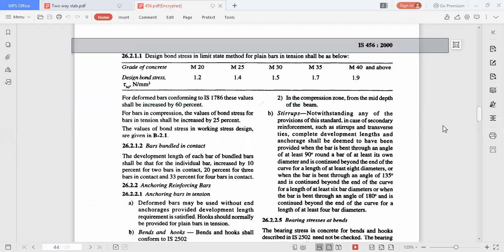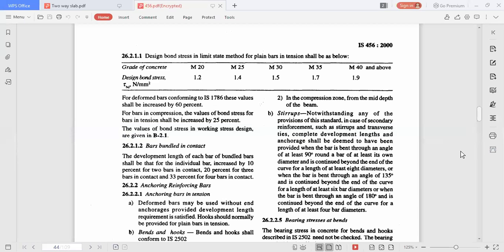ఓకే, 60% అన్నారు. ఒకవేళ మనం యూజ్ చేసిన బార్స్ HYSD బార్స్ అయితే ఇక్కడ ఇచ్చిన వాల్యూ tau BDకి ఒక 60% ఇంక్రీజ్ చేయమని చెప్తున్నారు. అంటే దాని మీనింగ్ ఏంటంటే ఇందాక మీకు చెప్పిన Ld ఫార్ములాలో 4 times tau BD అని ఉంది కదా. ఇప్పుడు మనం M20 గ్రేడ్ కాంక్రీట్ వాడుతున్నాం అనుకోండి.